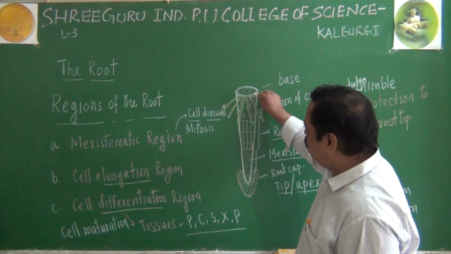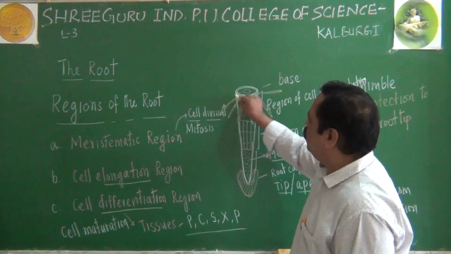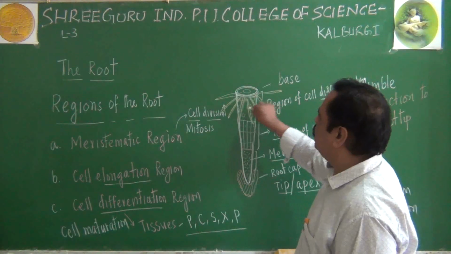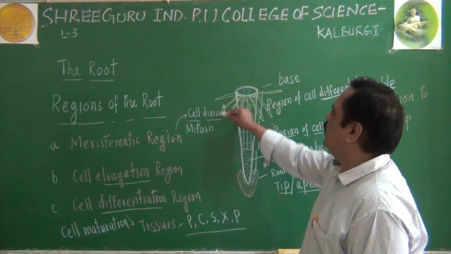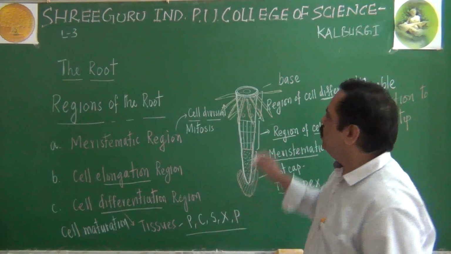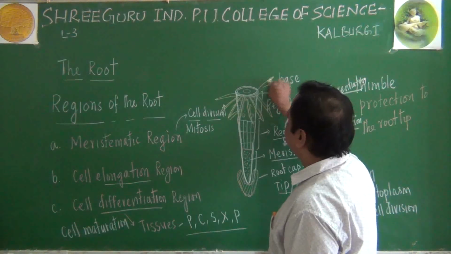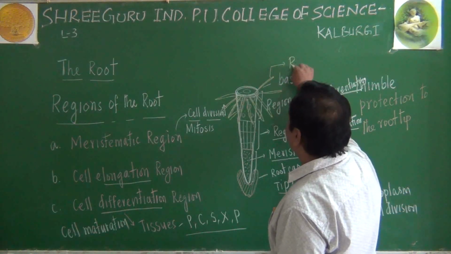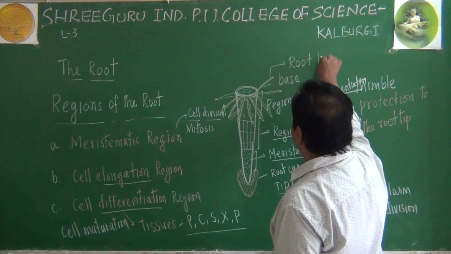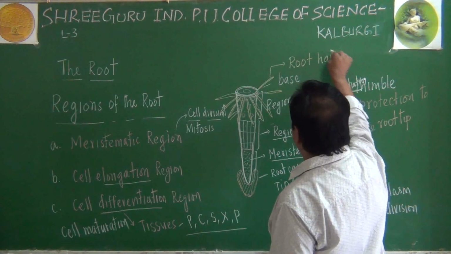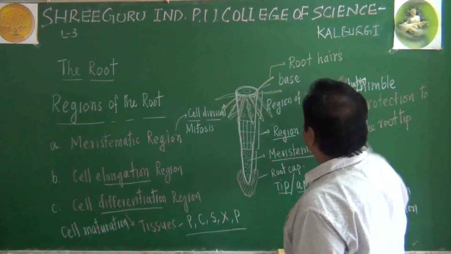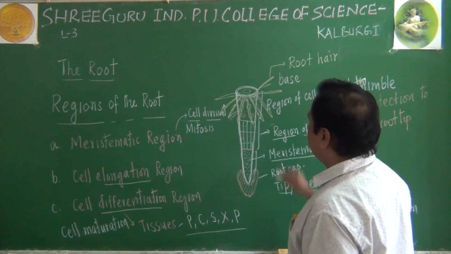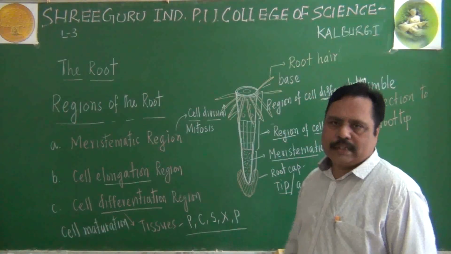There will be many unicellular projections arising from this differentiation area. What are those unicellular projections? They will be called root hairs. In singular it is called a root hair, in plural they are called root hairs.